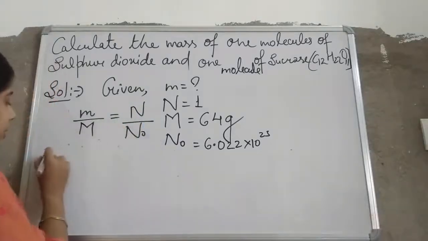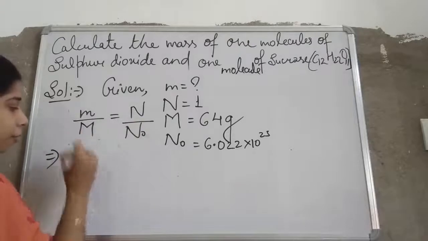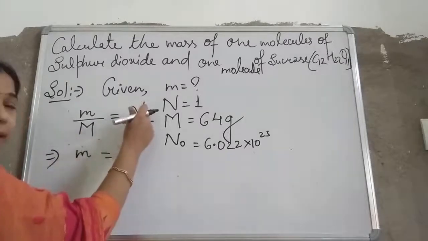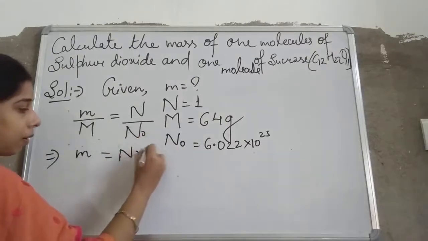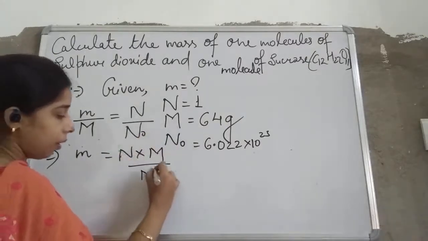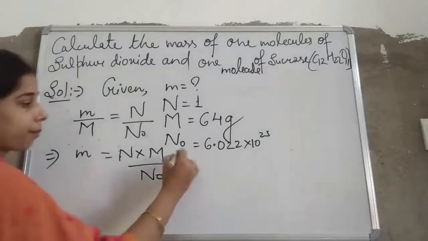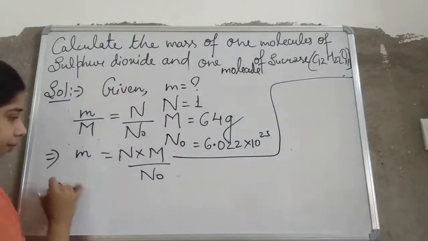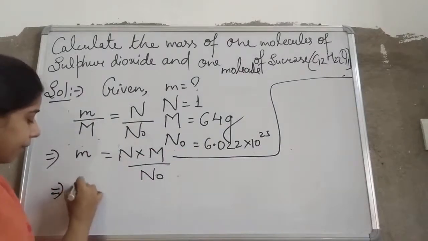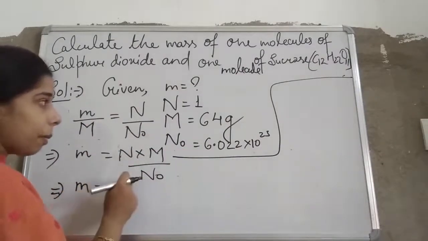Okay. So you see, m we have to find. This M will go there. So N into M upon N naught. Okay. Now see here. m is equal to N into M upon N naught.